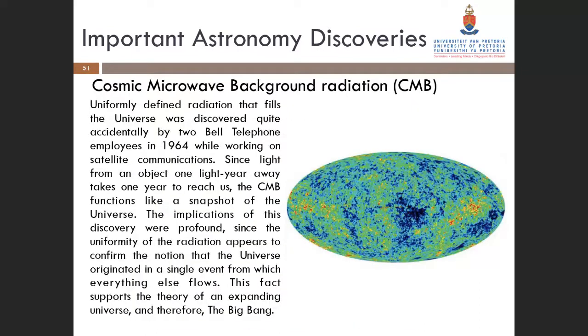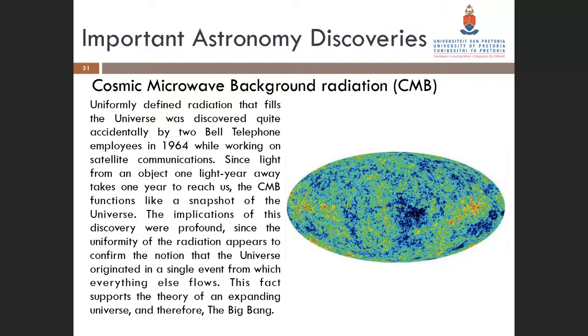And then a recent important discovery is the cosmic microwave background radiation. We will discuss this better in the next lecture, but uniformly defined radiation that fills the universe was discovered quite accidentally by 2 Bell telephone employees in 1964 while working on satellite communication.